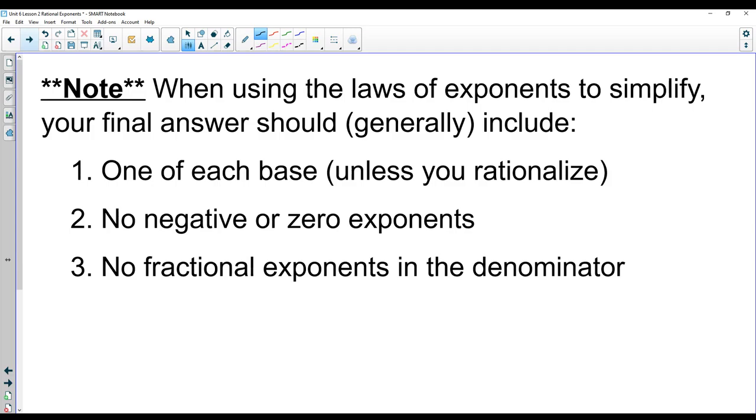If you remember from the last slide, fractional exponents are radicals, they're roots, and roots in denominators are not good in math. We have rationalized before. Same rules apply with fractional exponents in the denominator. We have to fix it, and I'll show you how in one of our examples.